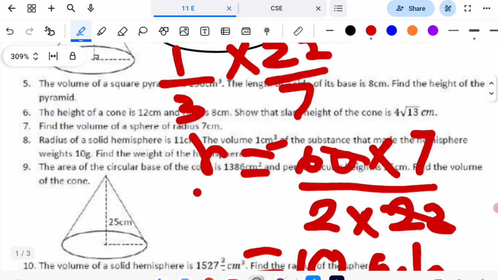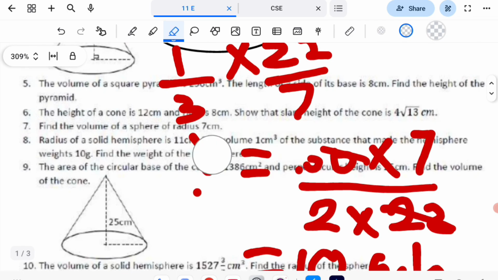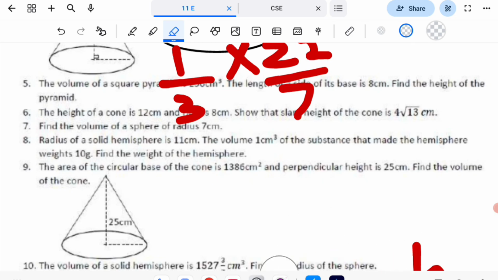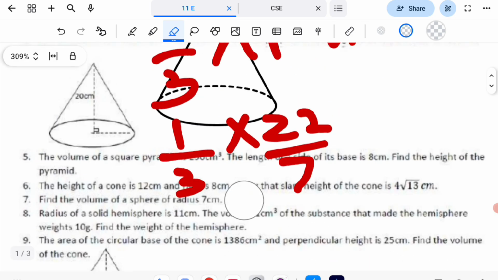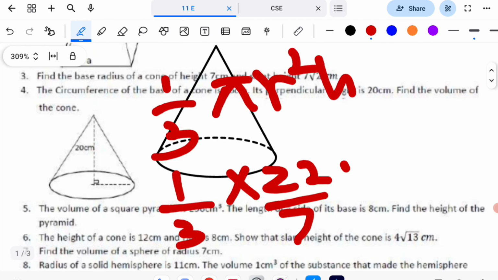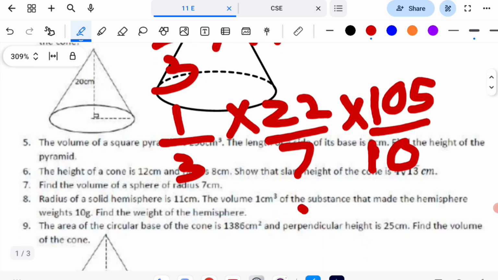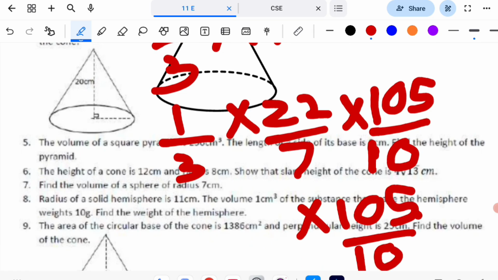Radius is 10.5, but we can substitute it as 105 divided by 10 because it is easy to simplify by using fraction form. It is the radius. Then again we have to put radius 105 over 10, height 20.